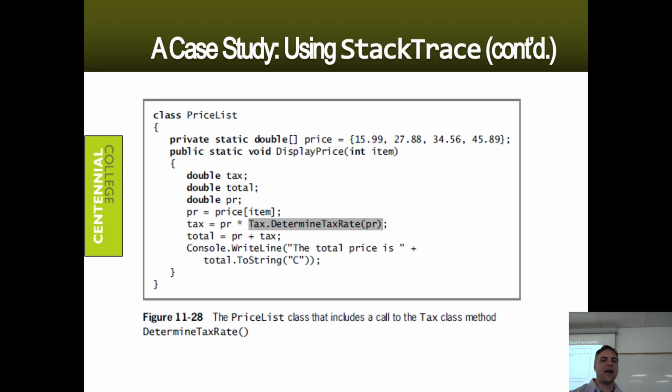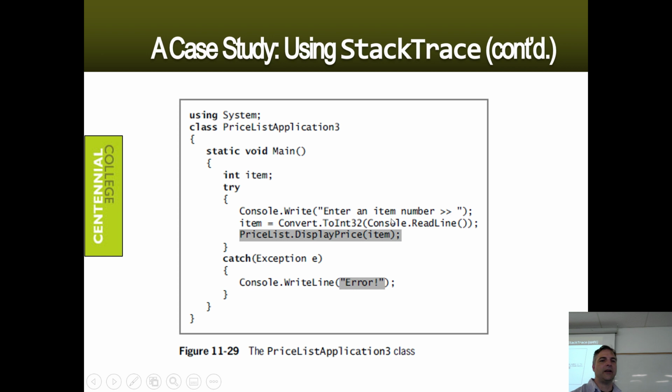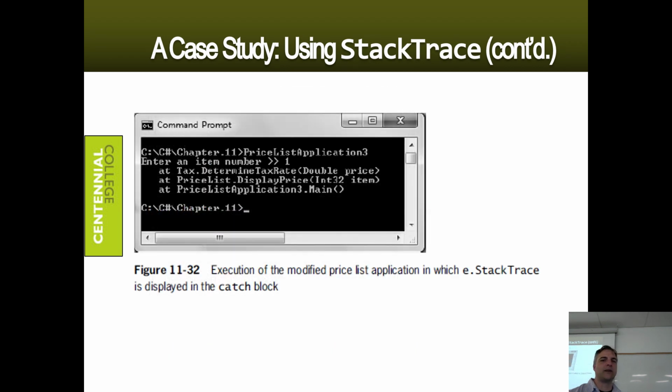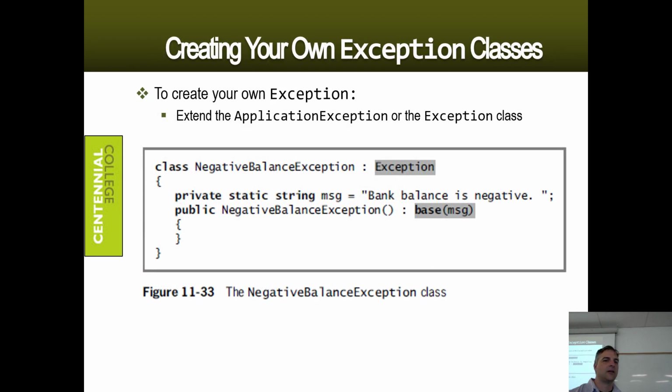So really what's going to happen is when you call this determined tax rate, it's going to generate an exception, and what you need to do is try-catch it. That's all you're going to do. You can also write your own exceptions, which is the next section, which we covered kind of in generics. You can make your own exception, and it can throw its own messages, its own exception types.